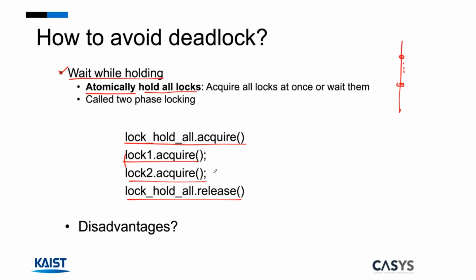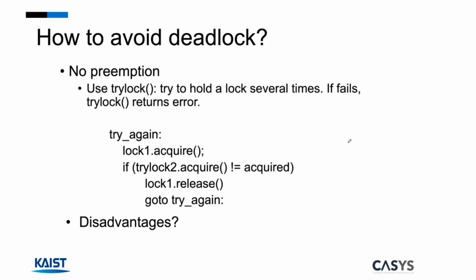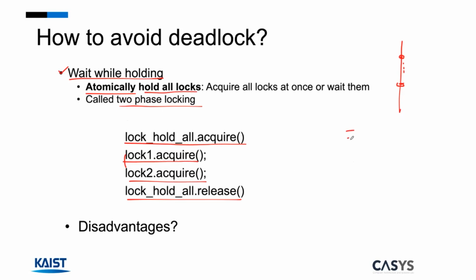This type of locking strategy is called two-phase locking. When accessing resources, the thread first acquires all locks, lock 1 to lock n, at the beginning, and to protect this acquisition atomically, you have something like lock all and unlock all, for example.